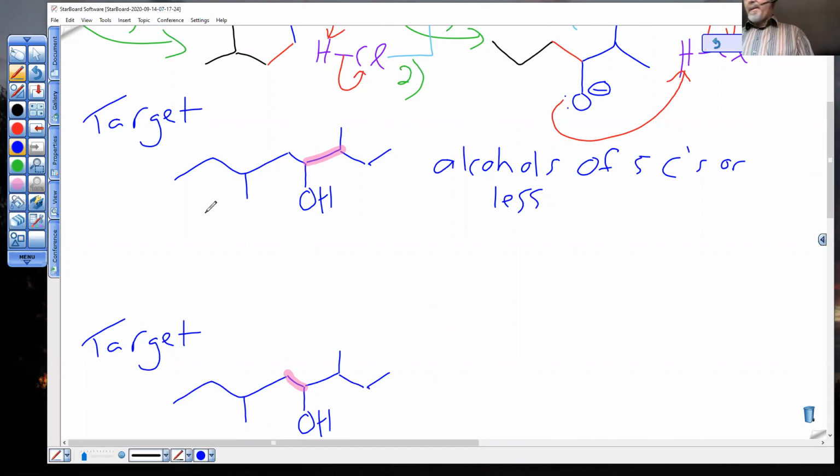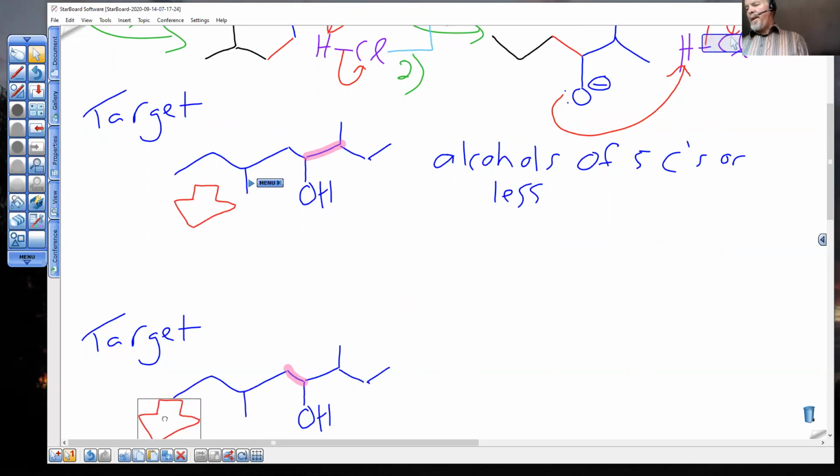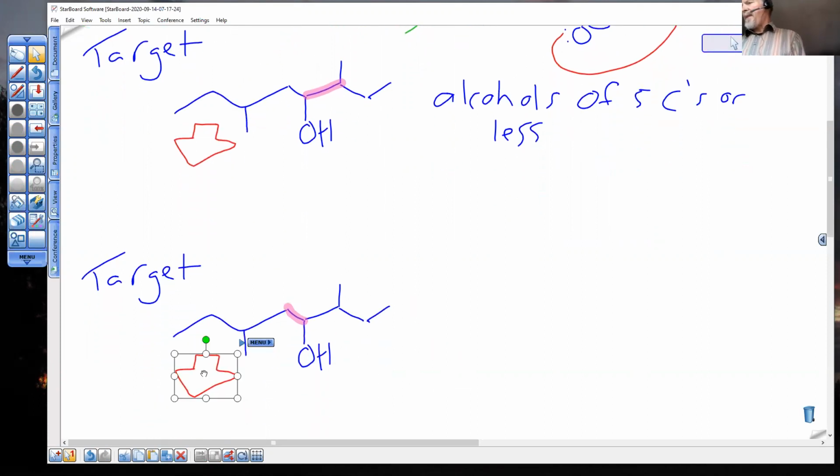I wanted red. There's our retrosynthesis arrow. And if you remember, that means I know how to make the molecule above the arrow from the one below the arrow. We'll do the same thing down here.